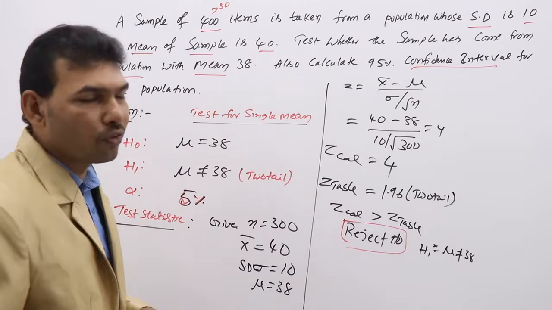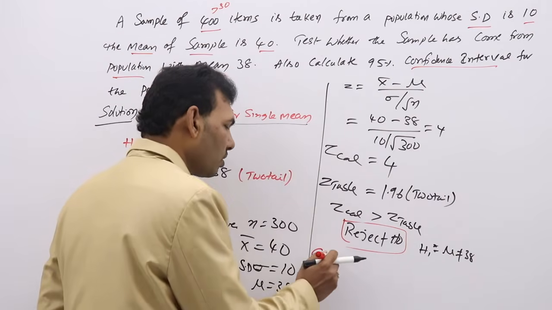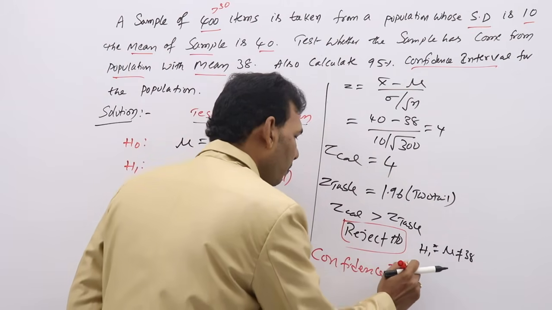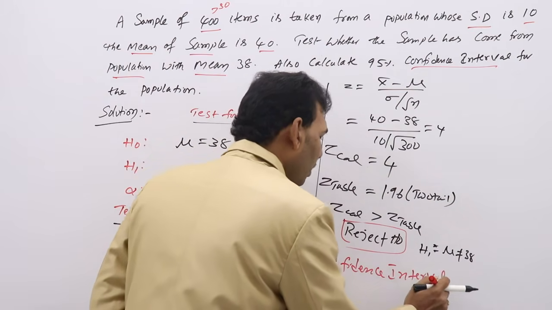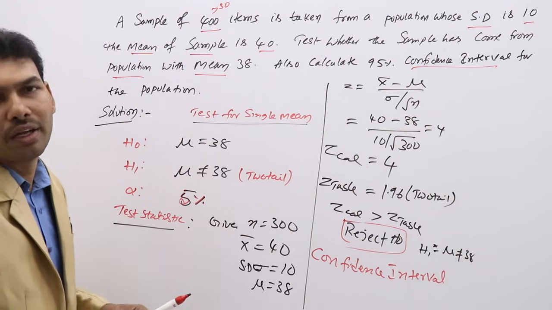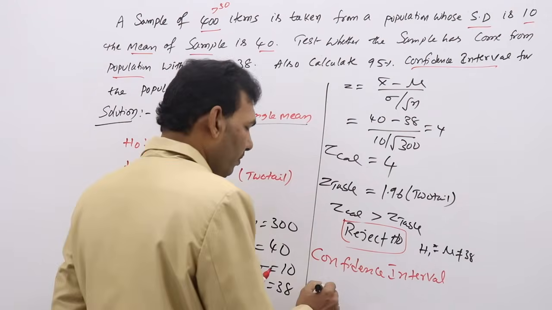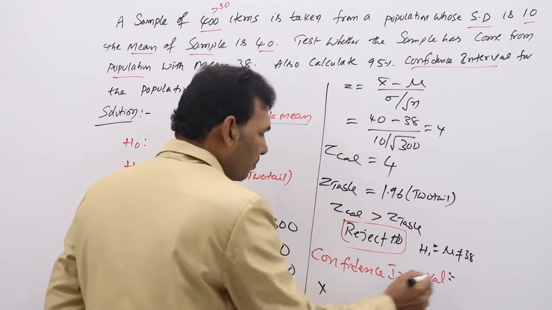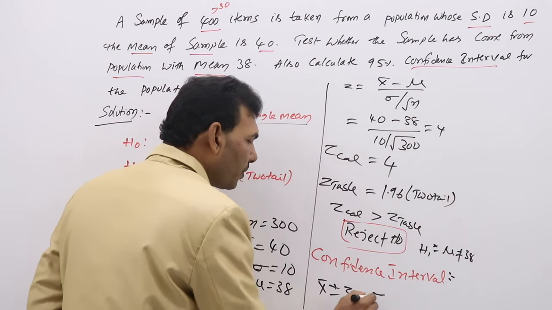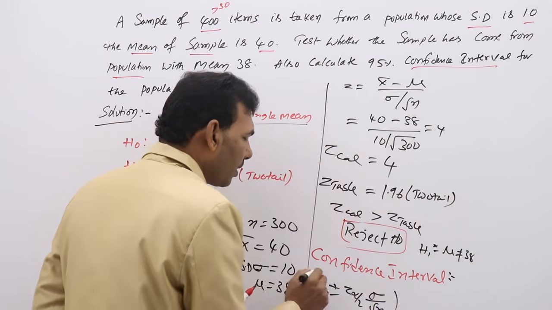Along with this, we need to find the confidence interval also. The formula to find the confidence interval for the true mean in a large sample test is x bar plus or minus z alpha by 2 into sigma by root n.